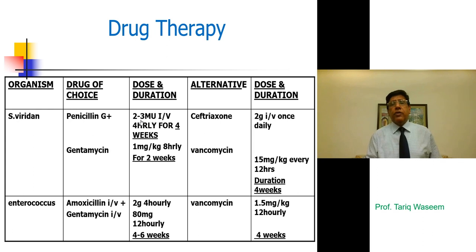So the dose of ceftriaxone is 2 gram intravenously once daily, and vancomycin can be given 50 milligram per kg every 12 hours, and the duration of this has to be 4 weeks.